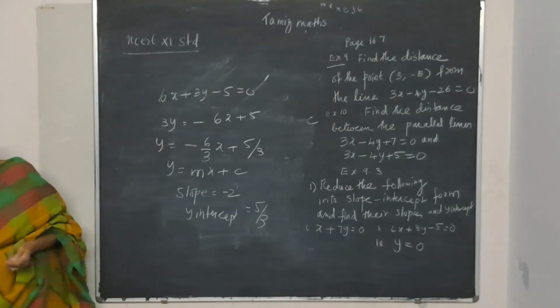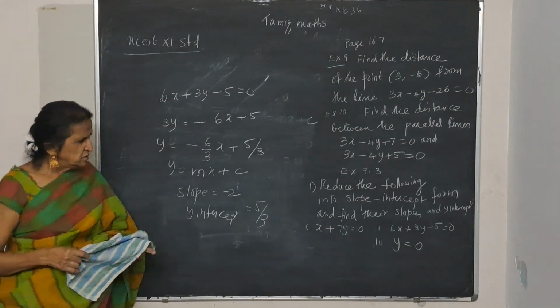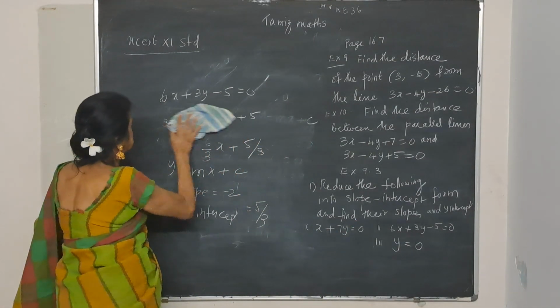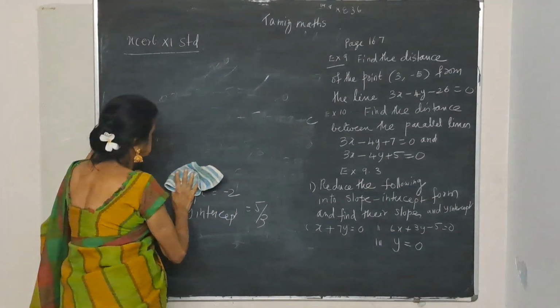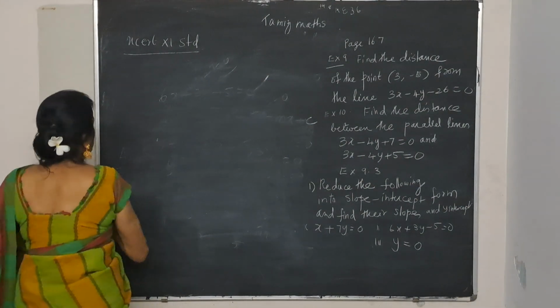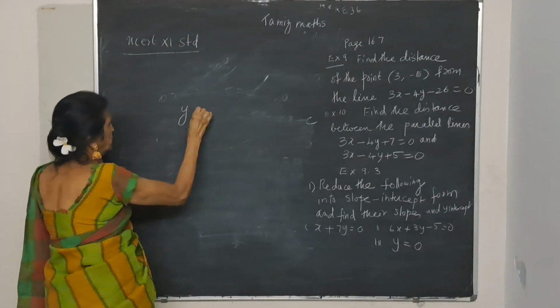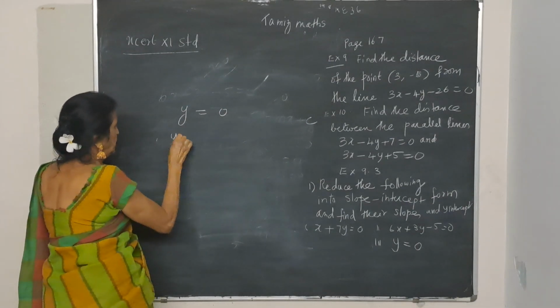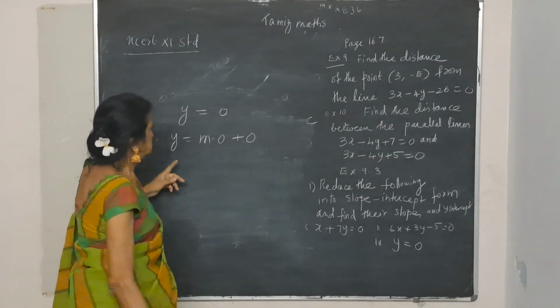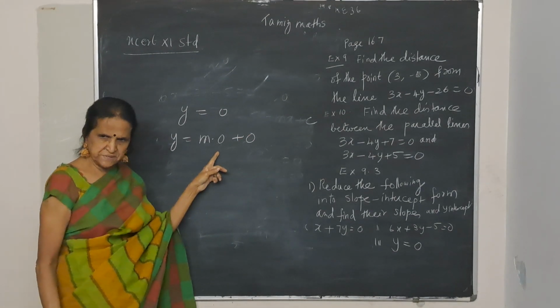Now the last question, it will take a minute for you. So this question is over. Now y is equal to 0. You can write y is equal to m into 0 plus 0. So what is the slope? Slope is 0.